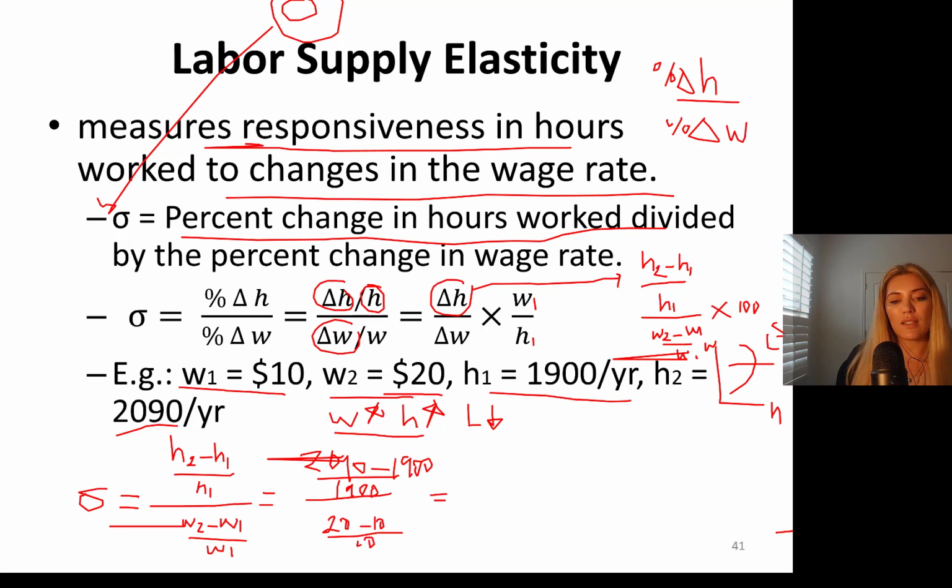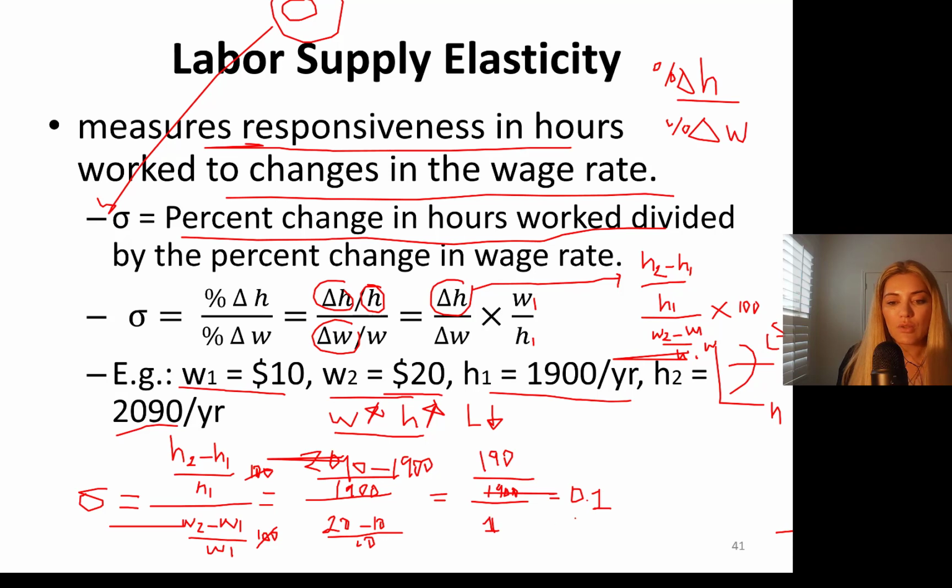So this is 2,090 minus 1,900, 190, divided by 1,900. And you have 10 over 10, that is 1. So 190 divided by 1,900 is 0.1. You also need to multiply numerator and denominator by 100, but they cancel out.